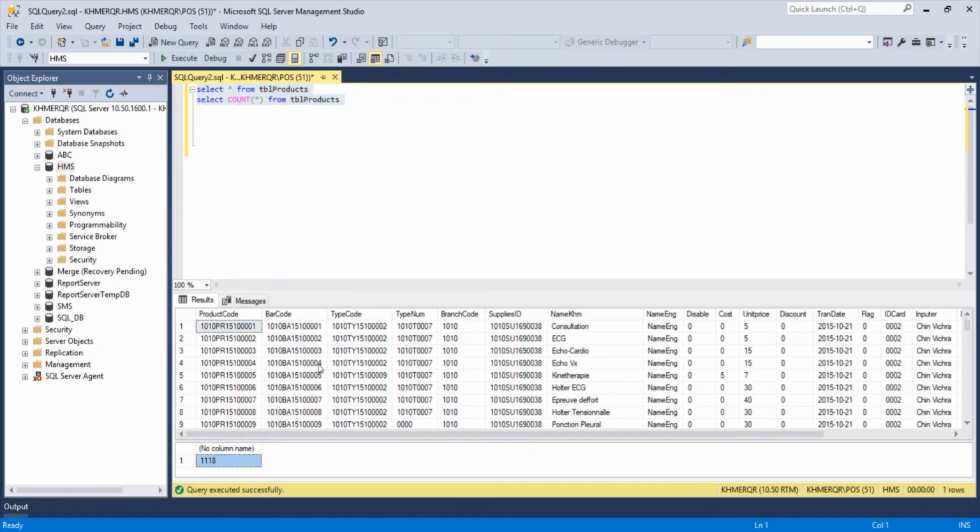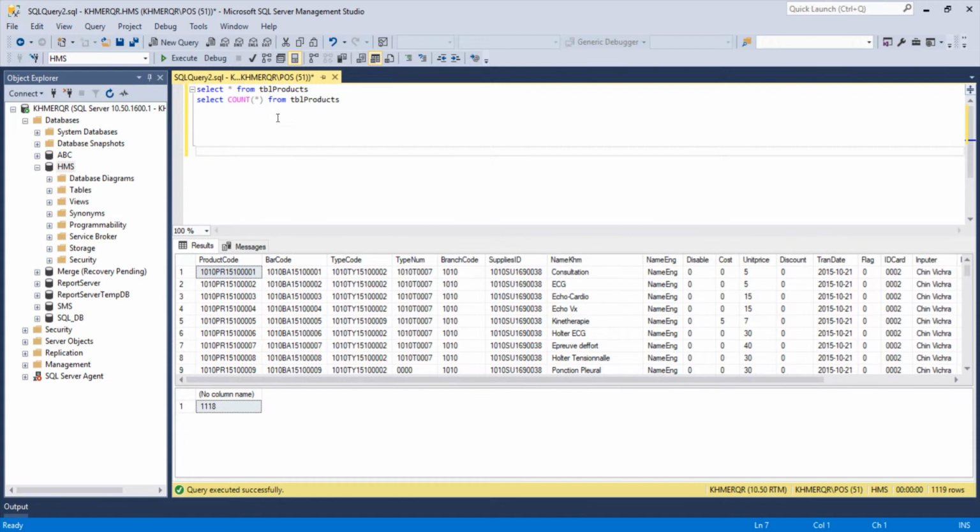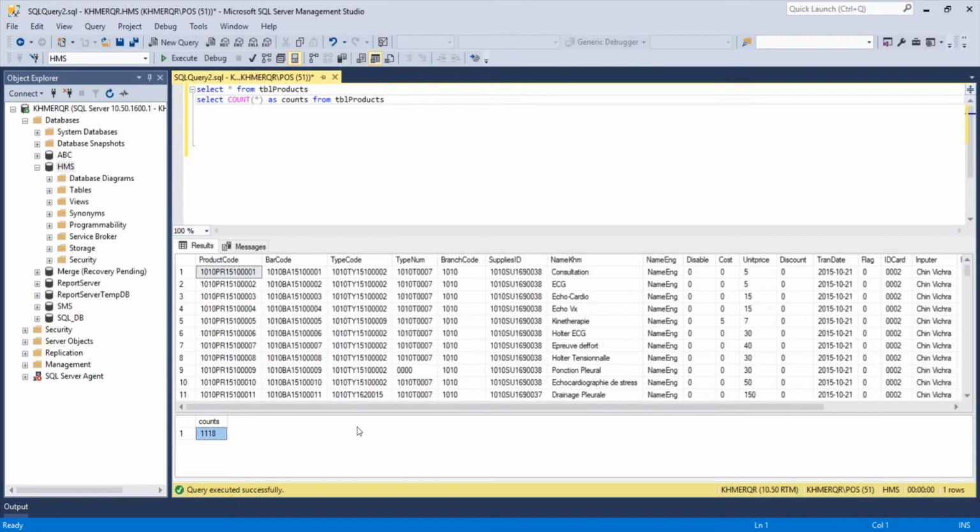I get this. Count, we use it to count the row number.